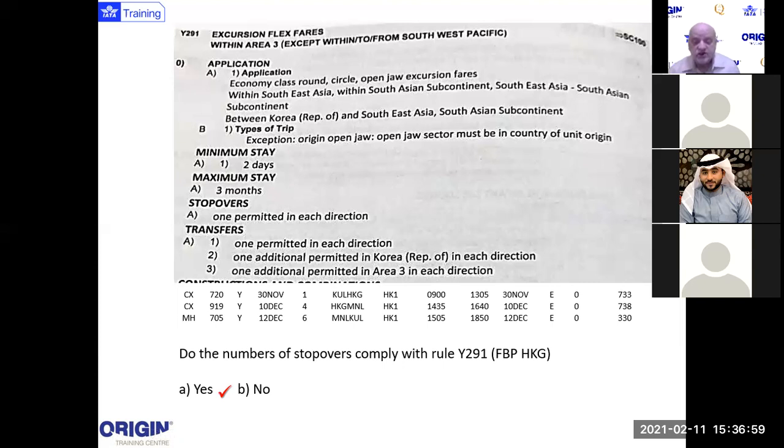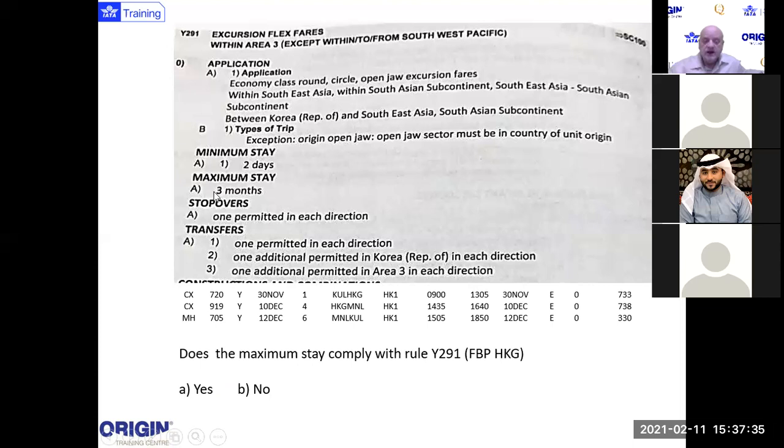This passenger only wants one out. They don't want any back. It's okay. You can have 0. You can have one out or one back or one out and one back. So it's very precise what they tell you as far as stopovers are concerned. So far, this journey is okay for this rule.